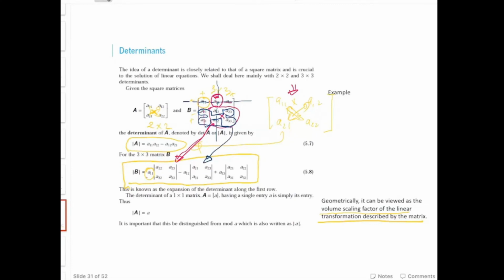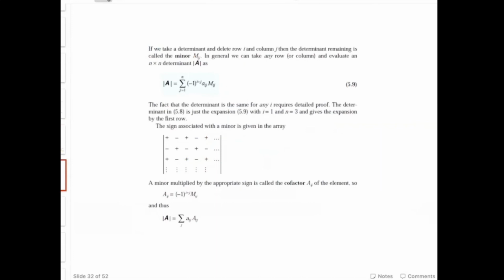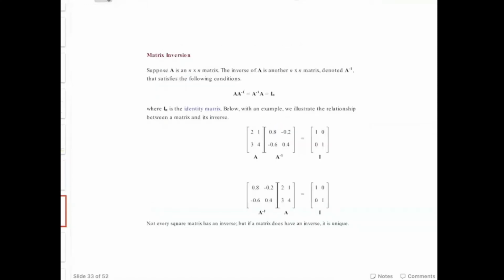And so on, it's quite straightforward to compute the determinant. In general, the formula is given here. You get the first element with the sign, and then you multiply with the minor, and the minor is given as the determinant of the 2 by 2 matrix.